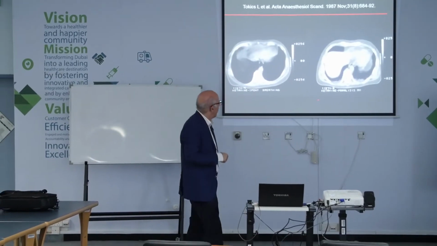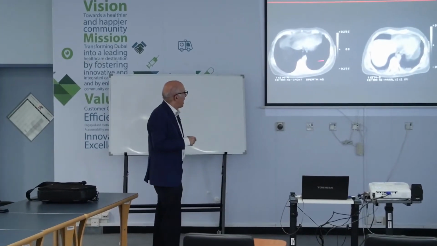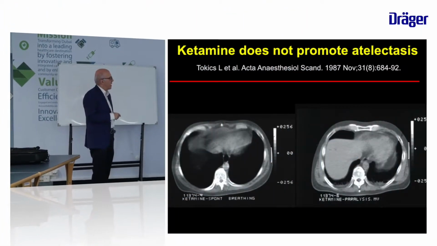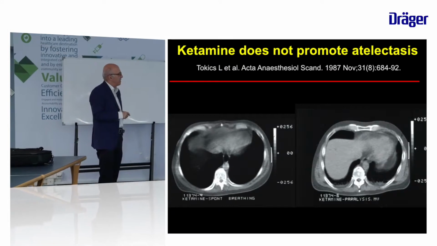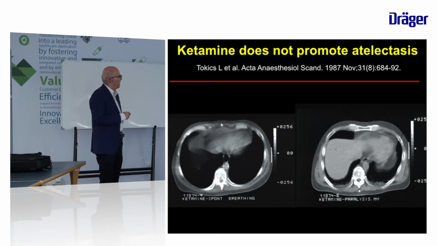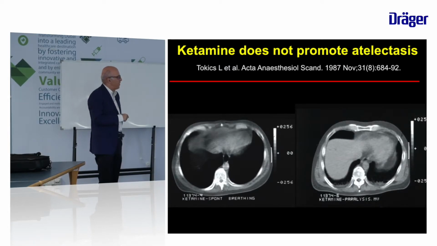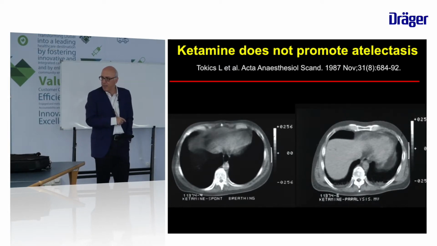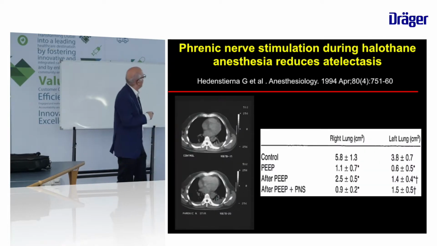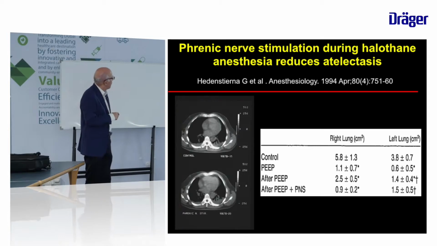This is an example with ketamine, with spontaneous breathing, or with paralysis. You see that if you paralyze the respiratory muscles, you have atelectasis here and the cranial shift of the diaphragm. If you have spontaneous breathing with ketamine, you have no atelectasis. Very clear. On the other side, this is with the phrenic stimulation. On the right, the stimulation was on the phrenic nerve on the right.